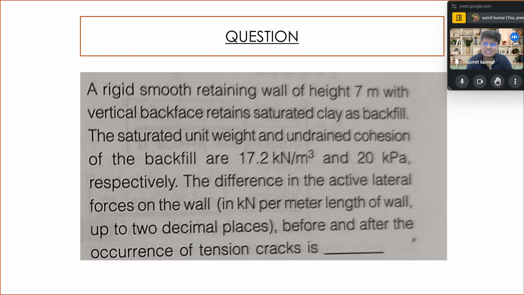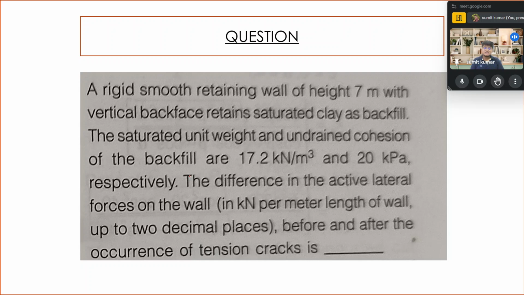It is a rigid, smooth retaining wall of height 7 meter with a vertical backface that retains saturated clay as backfill. The saturated unit weight and the undrained cohesion of the backfill are 17.2 kilonewton per meter cube and 20 kilopascal respectively.